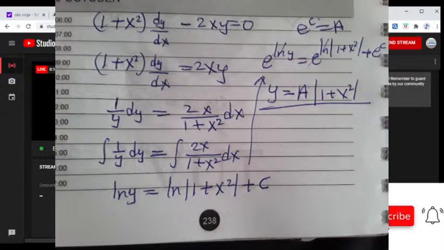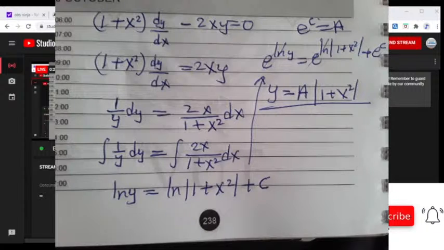If you can check, we have our equation on top. This is our equation.